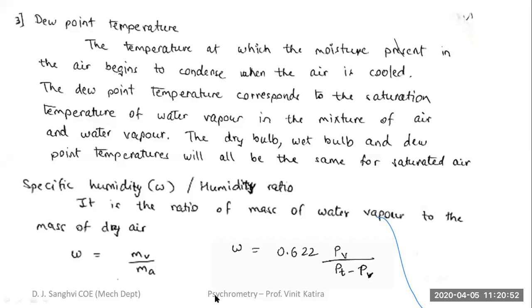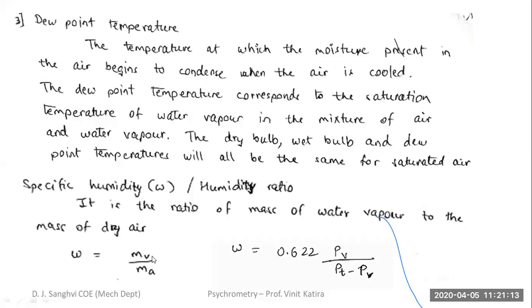Next is specific humidity or humidity ratio. It is denoted by omega, and it is the ratio of the mass of water vapor to the mass of dry air. Okay, so this is a very specific parameter whenever we are trying to define the humidity content of moist air.